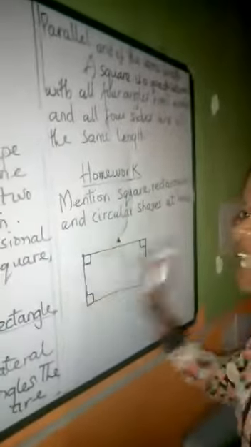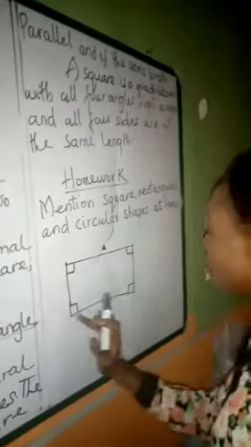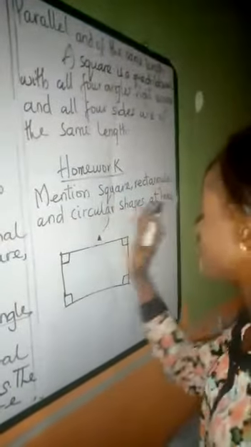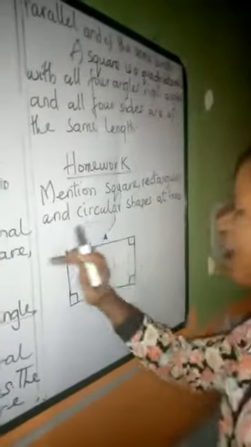These two sides are equal, while these two sides are equal. They are of the same length. This side is opposite to this, while this one is opposite to this, and they are of the same length.